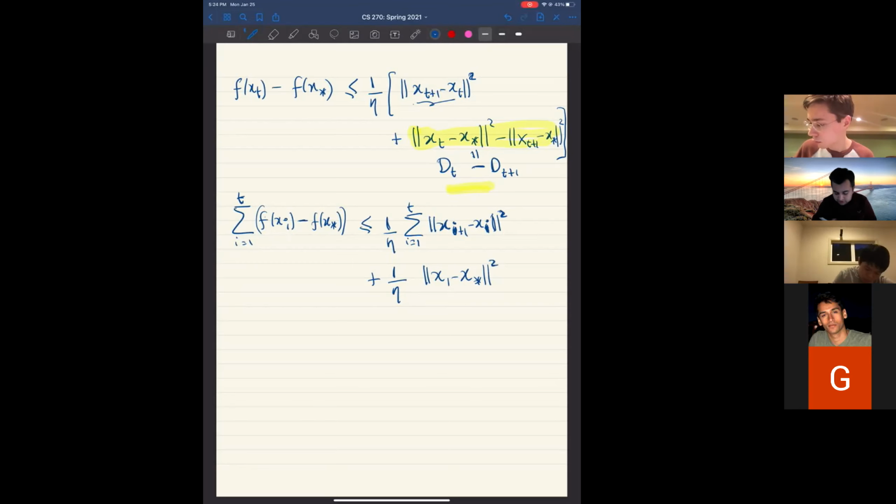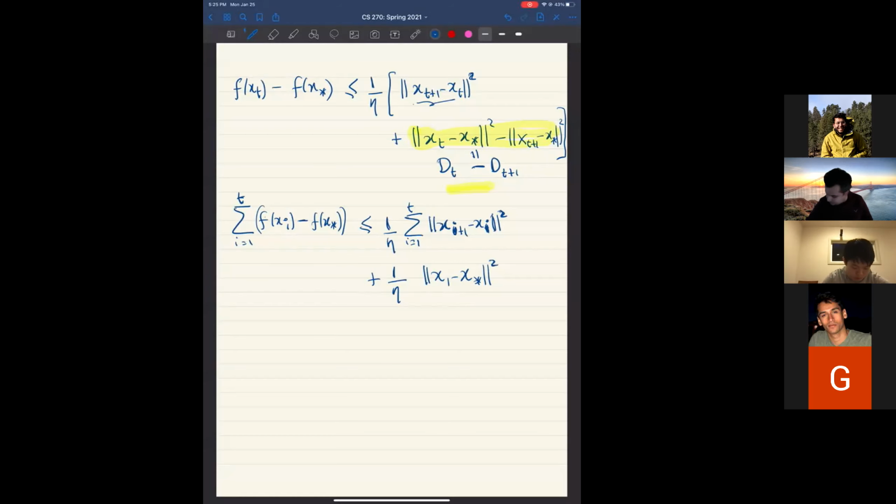Okay, so now what about the first term? Well, we're going to use a very naive bound on the first term. Prasad, when you telescope, you still need minus some xt minus x star, right? Do you mean the last term? When you telescope, only the middle terms should cancel, right?